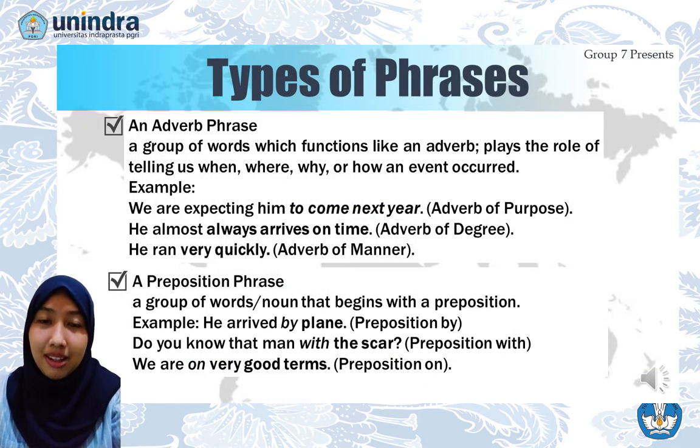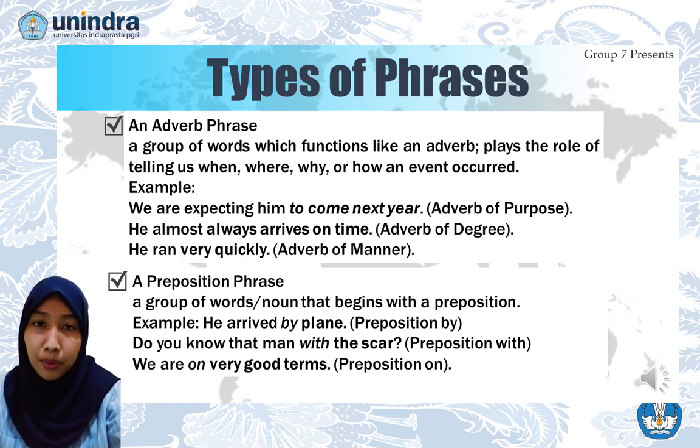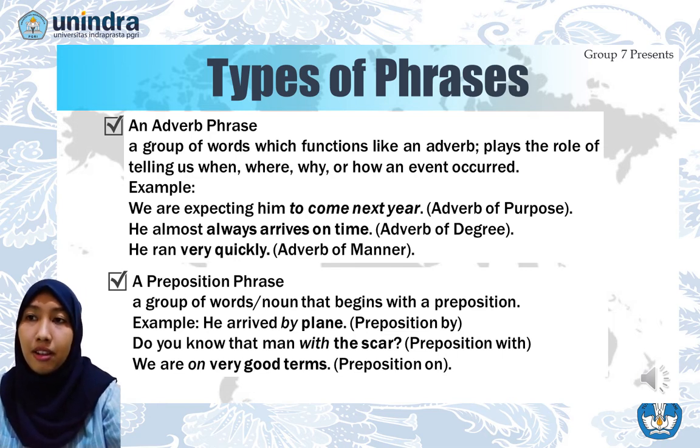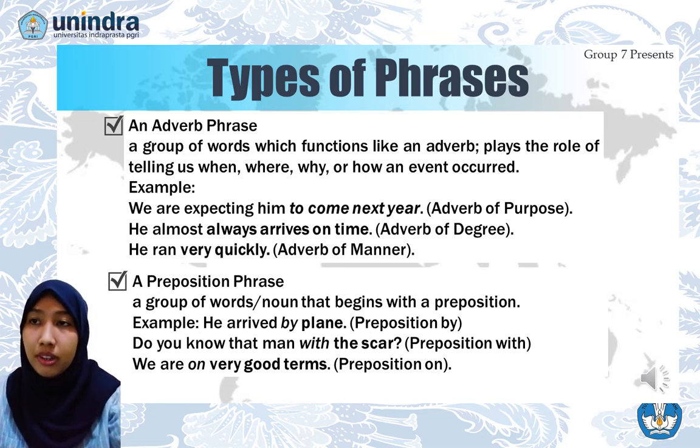Okay, thank you Intan. Hello Miss Saida and everyone. My name is Delaila Tamiya. And next I will explain about the types of phrases. Fourth, an adverb phrase. An adverb phrase is a group of words which functions like an adverb, playing the role of telling us when, where, why, or how an event occurred.